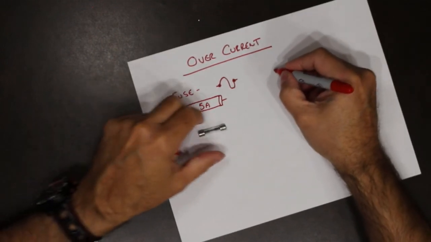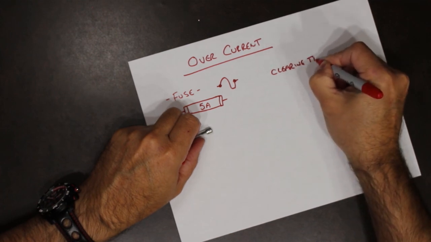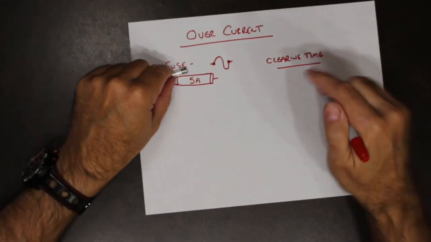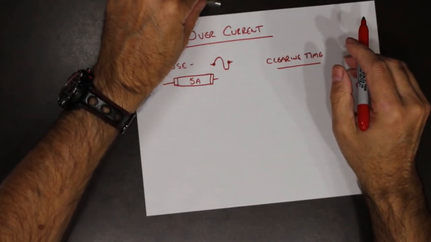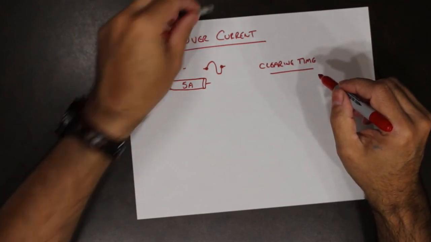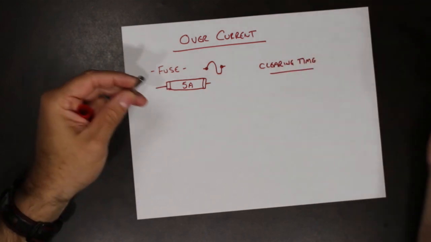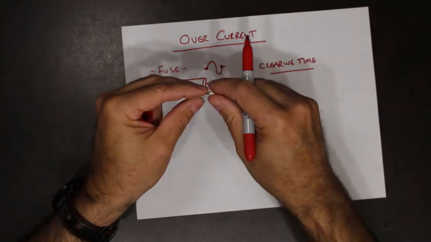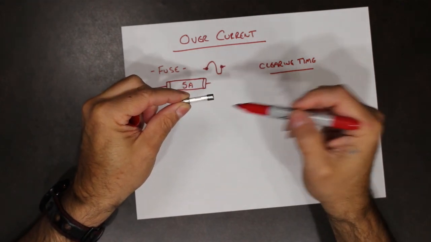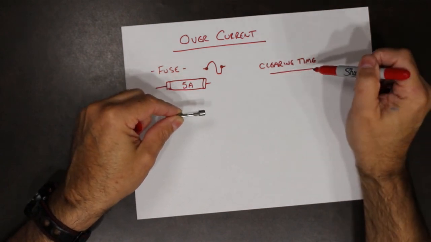There's something called clearing time. The clearing time of a fuse or overcurrent device is the amount of time it actually takes for the fuse to blow if I exceed 5 amps, as my example. So if this was a 5 amp fuse and I put 6 amps through it, how long would it take to blow?